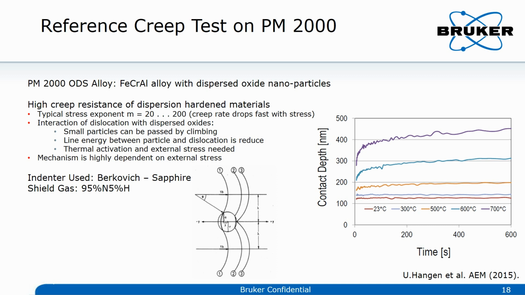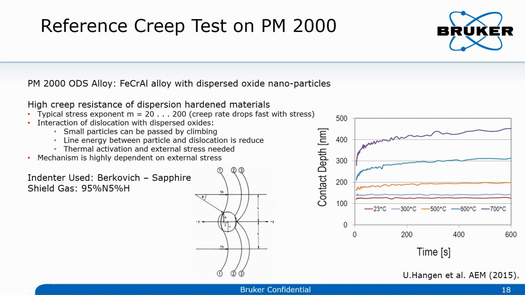The PM2000 ODS alloy is an iron-based alloy with dispersed oxide nanoparticles of a size of around 20 nanometer. It is designed for high creep resistance. On the right-hand side, we see the different reference creep test curves, and we can observe that at temperatures of 23 and 300 degrees, no creep can be observed.